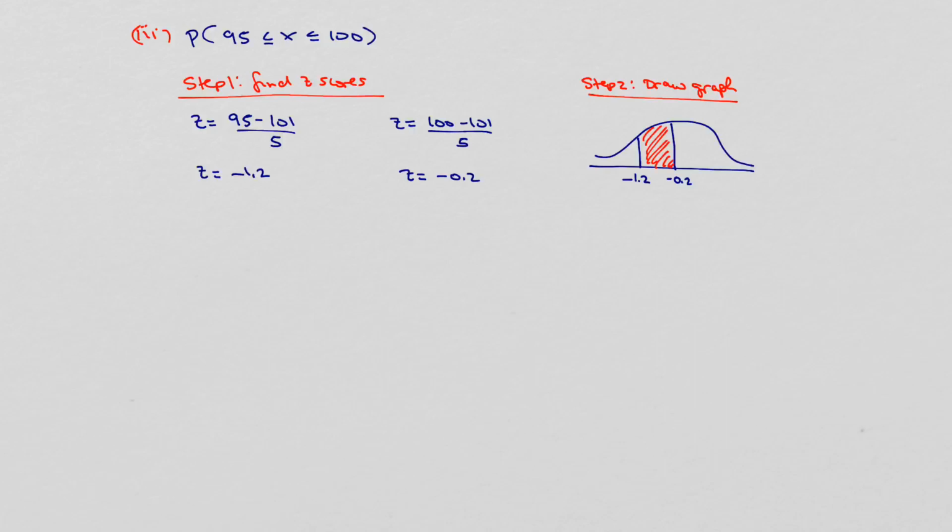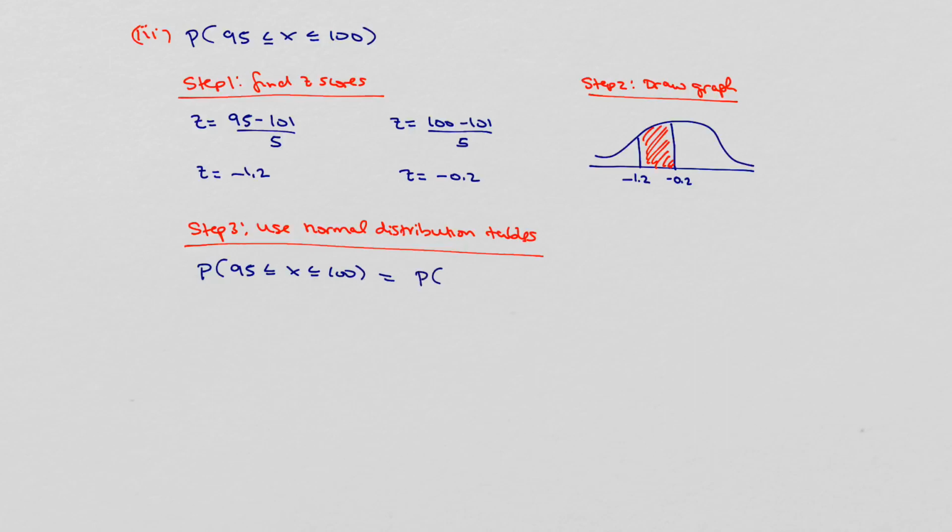We then need to write this out as an equation so we can use our normal distribution tables to work out our probability. So the probability that 95 is less than or equal to x, which is less than or equal to 100, is the same as saying the probability that minus 1.2 is less than or equal to z, which is less than or equal to minus 0.2.